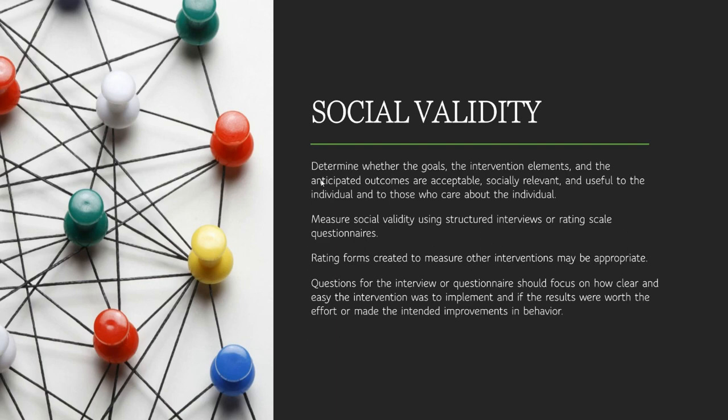Of course, we want to know the social validity of the intervention. That means we're determining whether the goals, the intervention elements, and the anticipated outcomes are acceptable, socially relevant, and useful to the individual and to those who care about the individual. We want to make sure what we're doing is having an impact, it's culturally relevant, and our practices are culturally responsible. We can collect social validity using interviews or rating scale questionnaires. You can create your own rating scale, or some interventions may include their own.